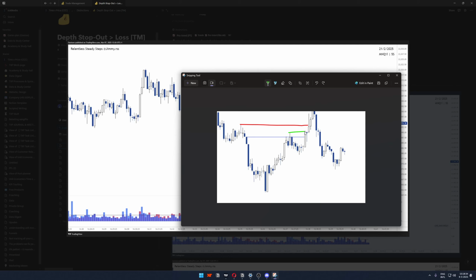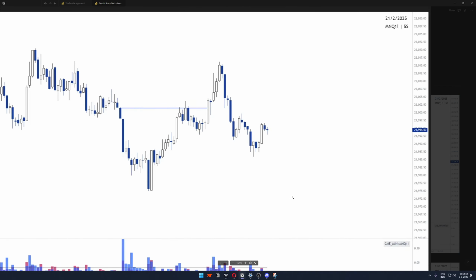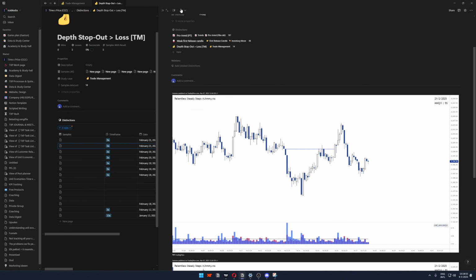I can move my stop under here, which would result in 0.5 R saved in the example where price did hit the level and the stop right here. So that's 0.5 R extra saved on this trade. So I showed two examples right here.